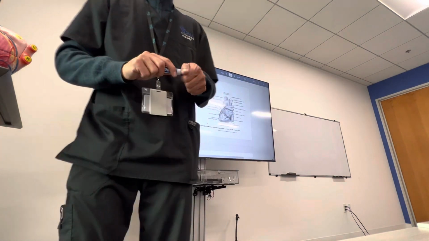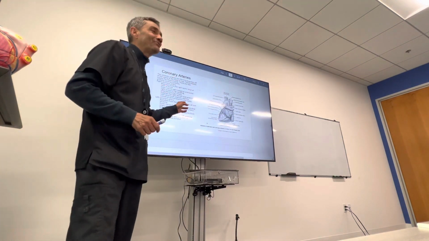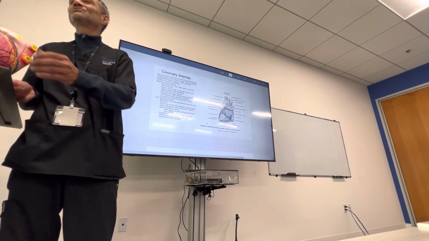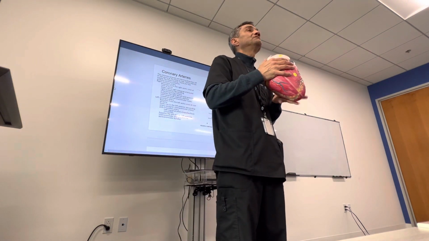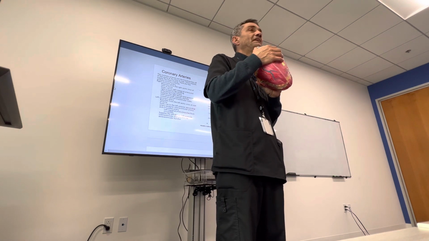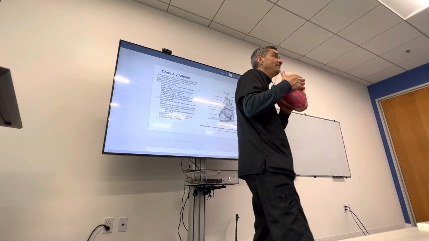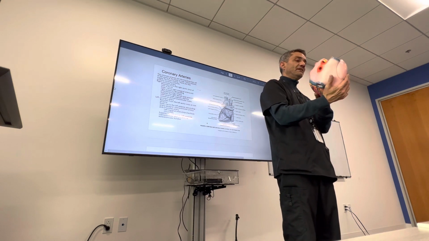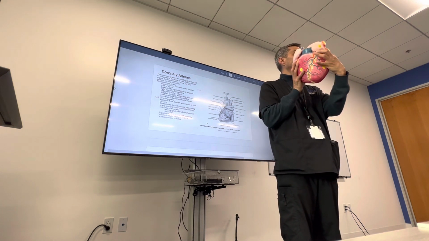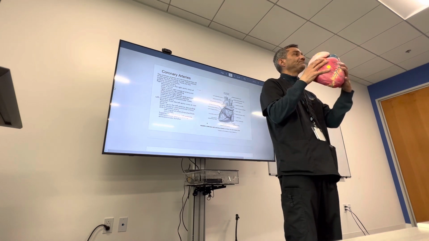No problem, no problem. The right coronary artery and the left coronary artery are branches of the ascending aorta right immediately from the root, meaning the very beginning of the aorta just above the valve. This is the right coronary artery, and of course, this is the left coronary artery.